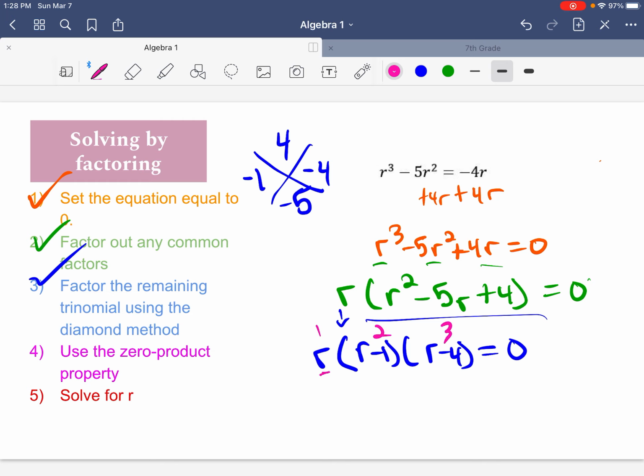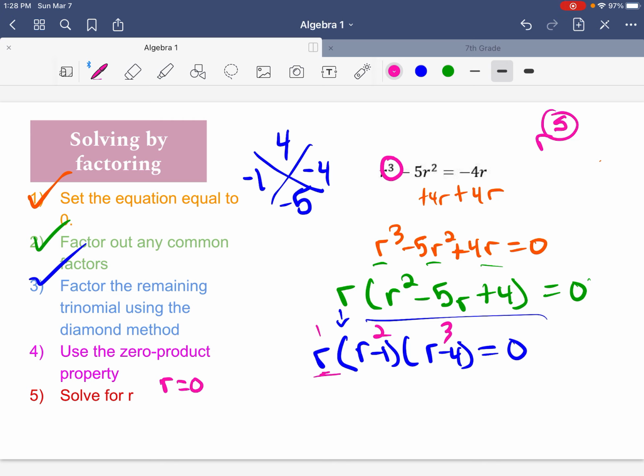So r equals 0. And kind of a cool, unrelated, but whatever the highest exponent is tells you the max amount of solutions. So this one is 3, which means there's at most 3 solutions. If you look at all the quadratics, they're always 2, which means at most there's 2 solutions. So if this was r to the 5th, there would be 5 solutions at most.